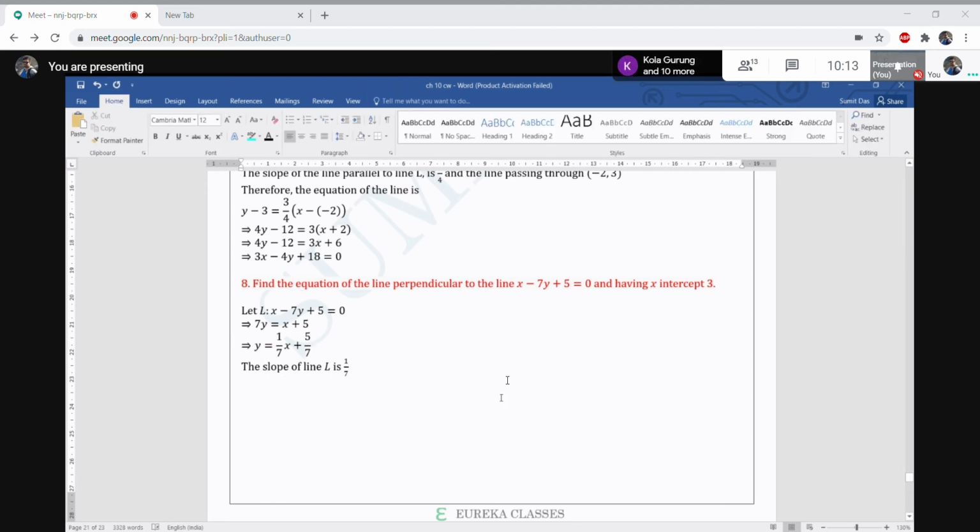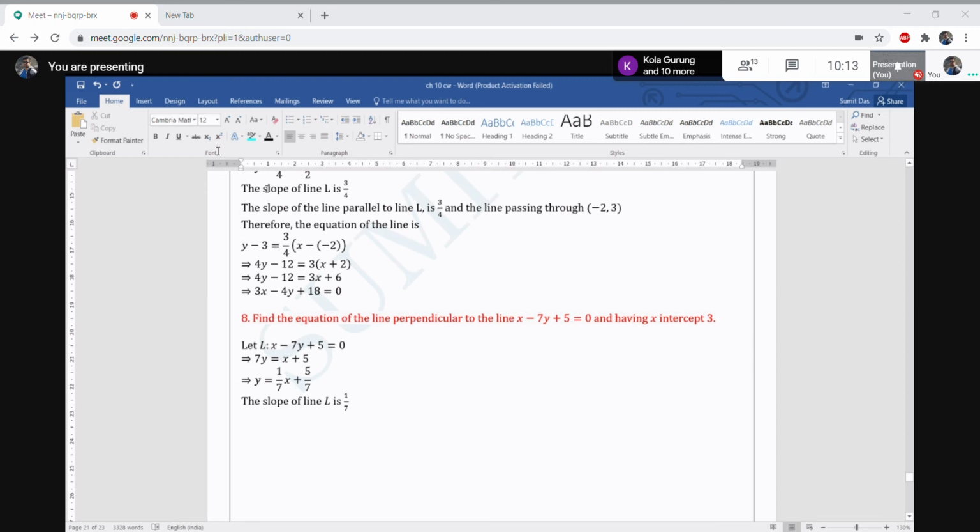Then the slope of the line perpendicular to line L. So if a line is perpendicular to this line, what will be the slope of the line? Let me know in the comment box.